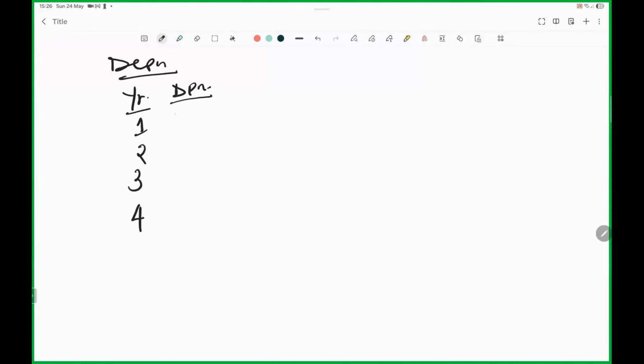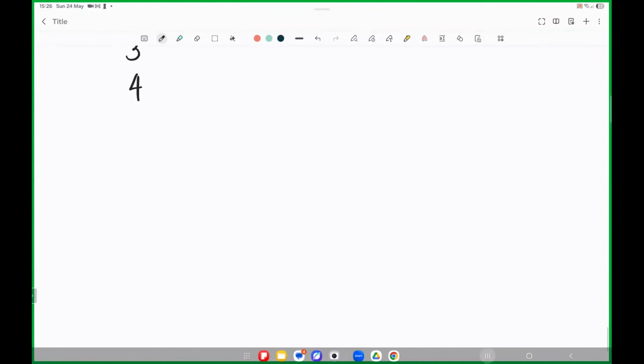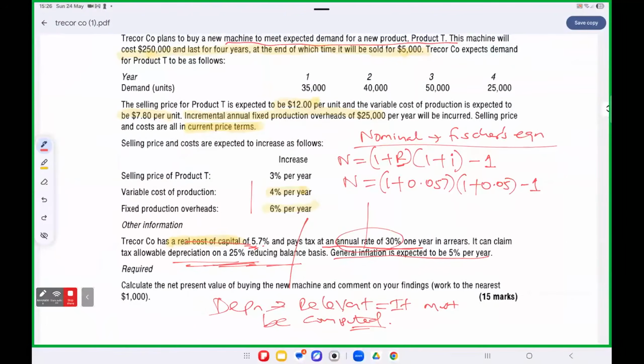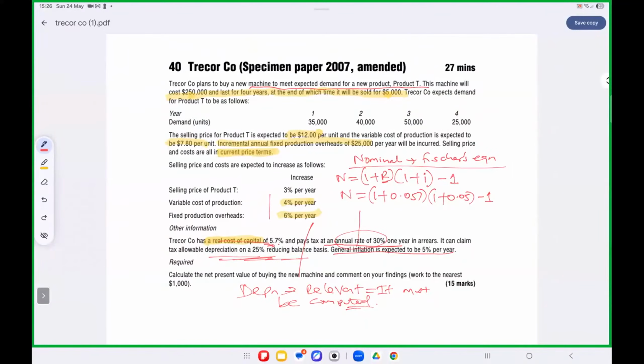We start with year number 1. Remember the machine cost us 250,000. We know that it is 25% per year which we lose. Is there somebody who is able to give me this number? Remember, if you are taking a screenshot of the question, it's important to take the screenshot now.